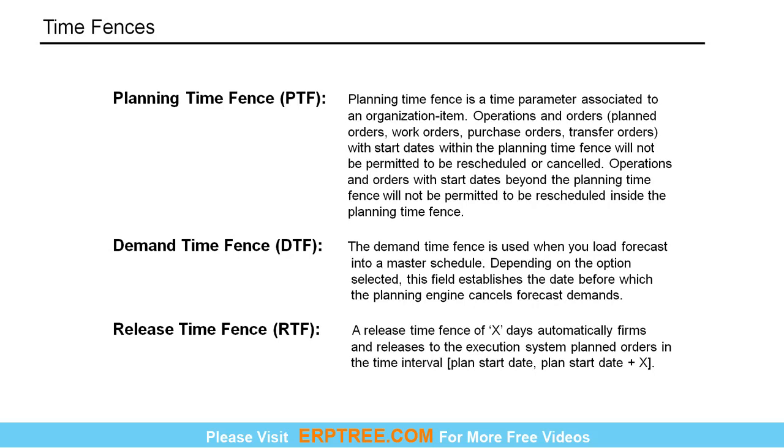Within that time fence they want actual demands, they do not want to forecast. So you can keep a demand time fence of say 20 days or 30 days and say that within this period I do not want to forecast for an item. Instead, I want the actual demands, the actual sales orders from the customers. That is the demand time fence.